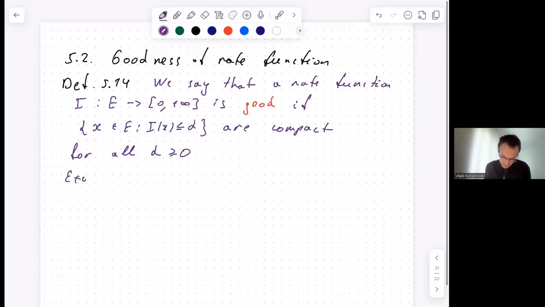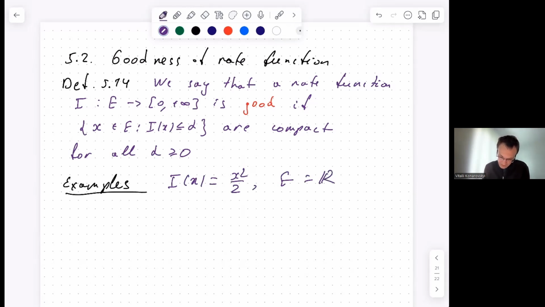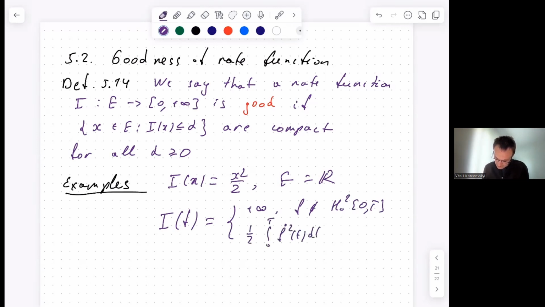And examples. For instance, the function I of x equal to x squared divided by 2, where E is R, or the function that we also defined today as the rate function for the Brownian motion, that is plus infinity when f does not belong to H0 square 0t, and 1 over 2 integral from 0 to t of f dot square of t dt when f belongs to H0 square 0t.